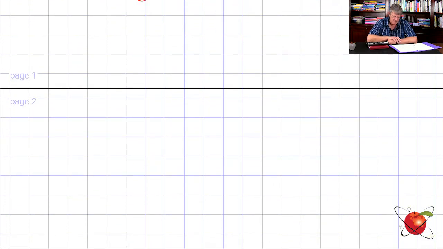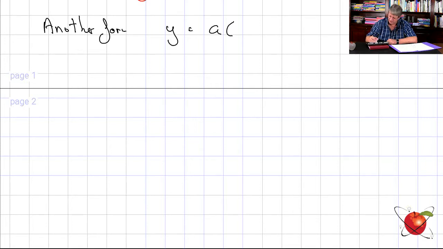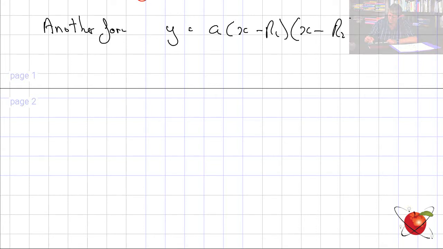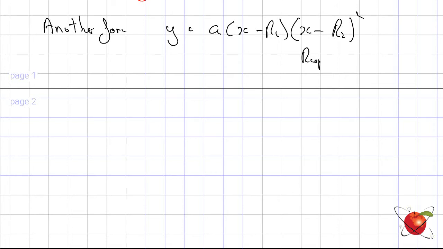Also remember this. Here's another form. Remember, a cubic has to have the 3 as we've got it. So y could be equal to a times x minus root 1, x minus root 2 squared if it's repeated. I'll explain what I mean in a second. It's a repeated root.